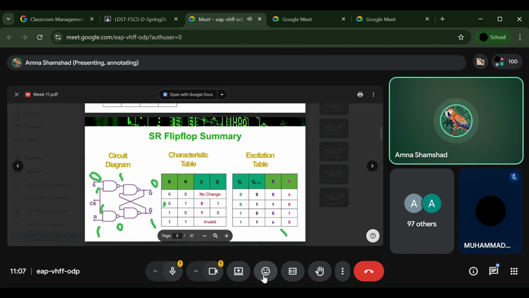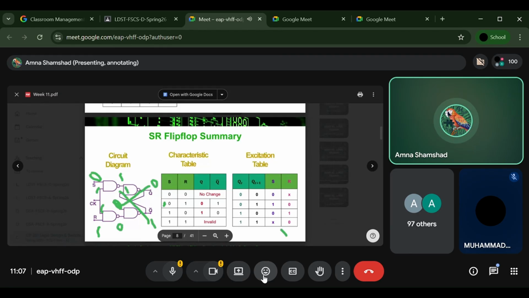So what will be these inputs? These inputs are cross coupled, which means this 0 will go there, so this is again 0. This 1 will go there, so this is 1. On 1 1, what will be the output of this NAND gate?